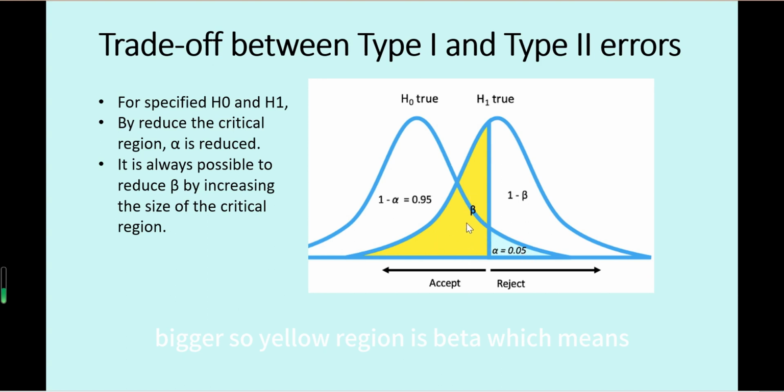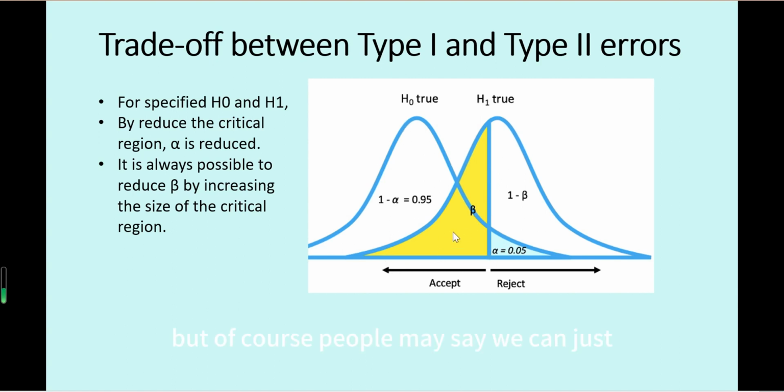The yellow region is beta, which means we do not reject H0 when actually H1 is true. So this figure shows very clearly that alpha and beta are a trade-off for the given H0 and H1.